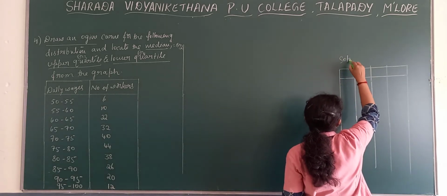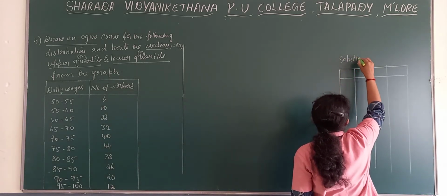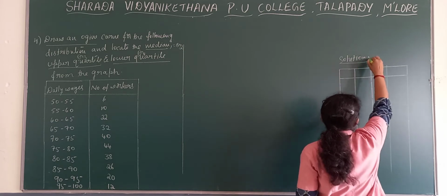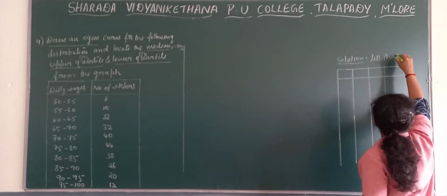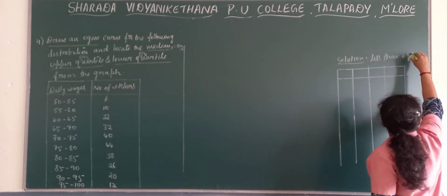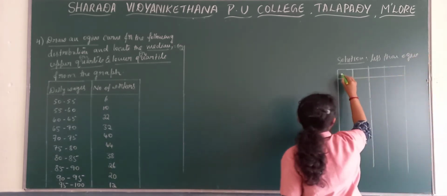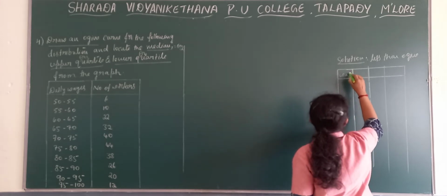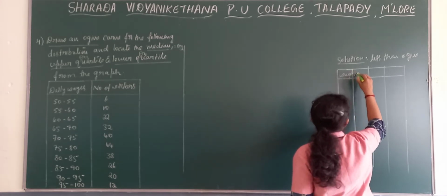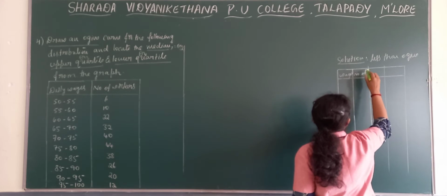Solution here. Less than ogive. What do we need to take? Class intervals, or we will write the daily wages, number of workers.